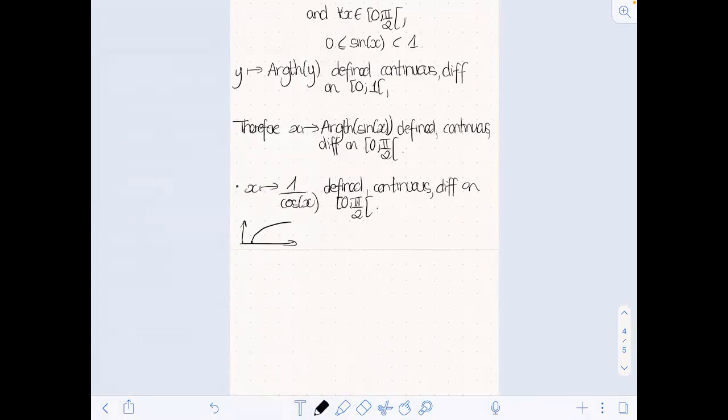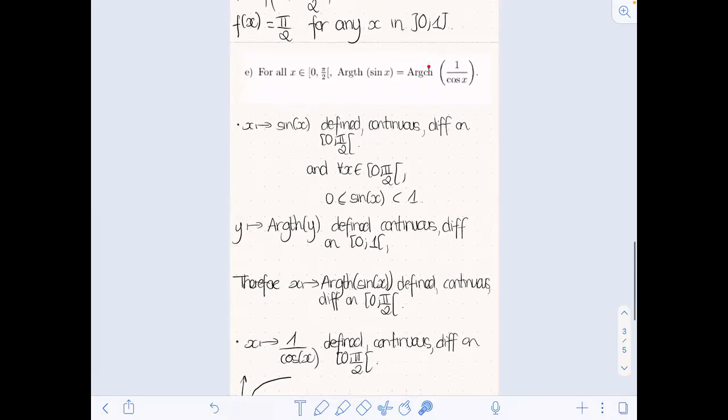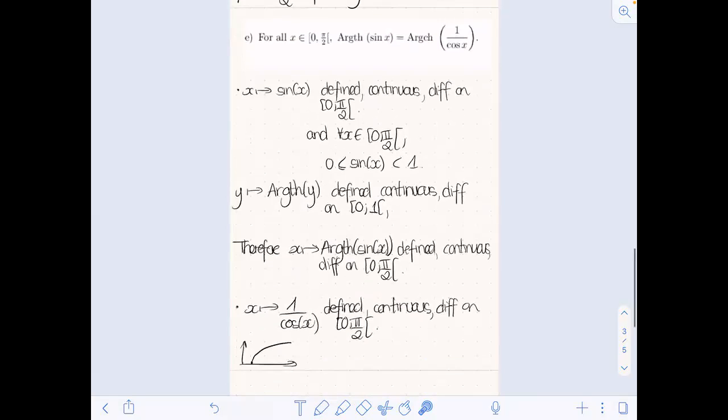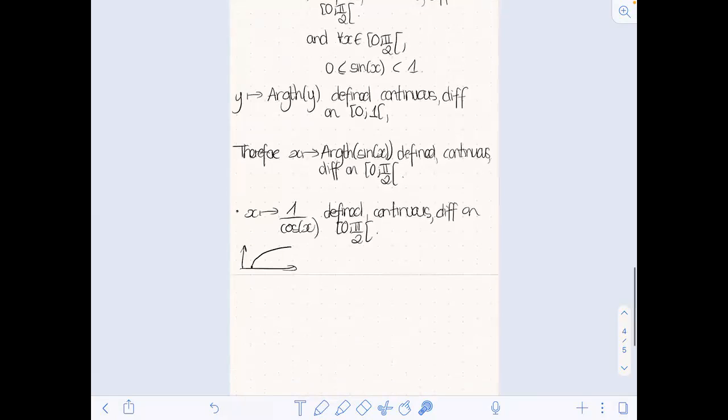The function's value starts at 1, and then it's an increasing function. So it's a bijection from 1 included to plus infinity to R plus. And I think it's defined from 0 to infinity, but it's only differentiable with 0 excluded. So what we need to check is that the values of 1 over cosine of x on 0, π/2 are compatible with the values that argch takes.